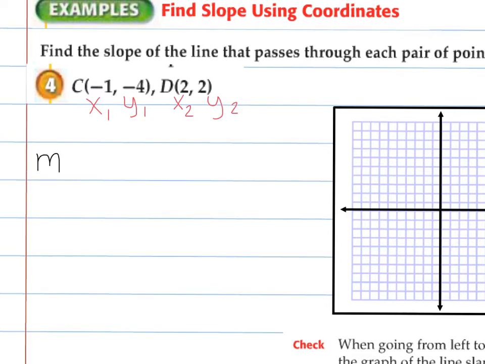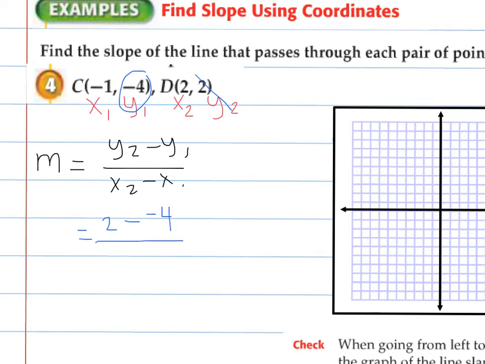Then I always write my formula, y2 minus y1 over x2 minus x1, and then I plug them in where they go. So I do y2, which is 2, minus y1, which is negative 4. You keep the negative.